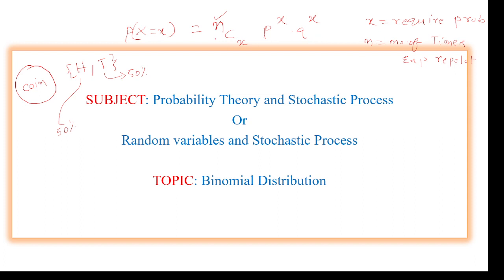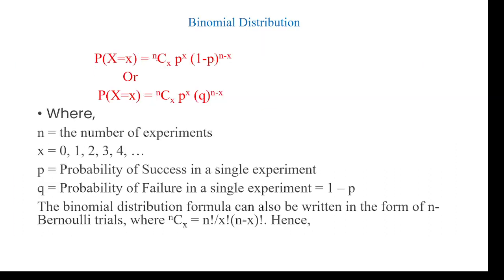Here nCx can be defined as n factorial by x factorial multiplied with n minus x factorial. That is the nCx value. Then we can easily find the given probabilities. Here you can say nCx into p power x into q power n minus x.